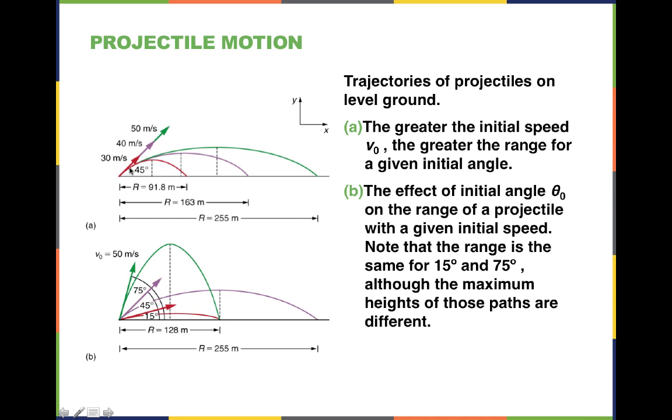Here, we're keeping the angle of the projectile in the same angle, but we're increasing the velocity, and that's one way that you can increase the range down range. The other way you can do that is if you keep the velocity the same but change the angle of projection, it changes the range as well. So there's two ways to affect the range. First of all, we can change the velocity and keep the angle the same, or we can keep the velocity the same and change the angle of projection.